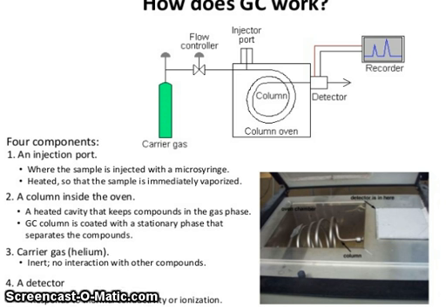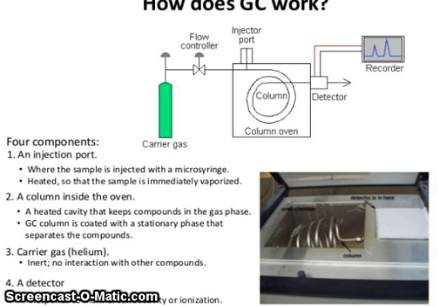Friend, how does GC work? This is the carrier gas, flow controller, injection port, oven. You see the column, the detector and recorder. Four components: an injection port, a column inside the oven, carrier gas and a detector.